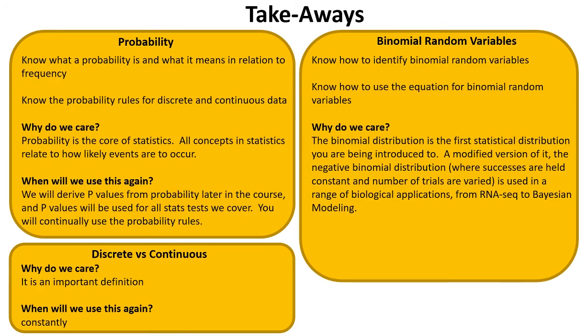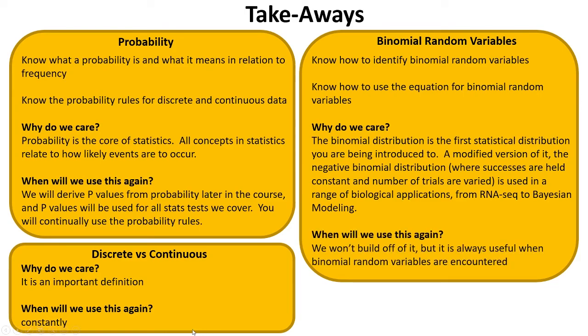Essentially, the negative binomial is, instead of holding the number of trials constant, it holds the number of successes constant, and then allows the number of trials to vary based on what the probability is. We won't build off it much more in this course, but it's always useful when you do encounter a binomial random variable, such as a coin flip experiment or things of that nature.